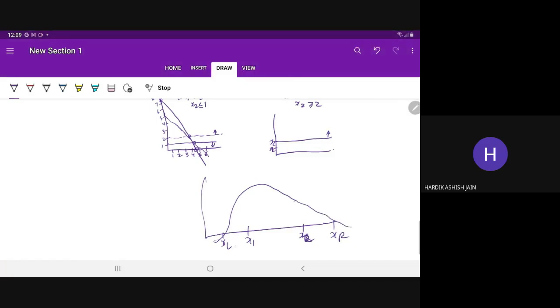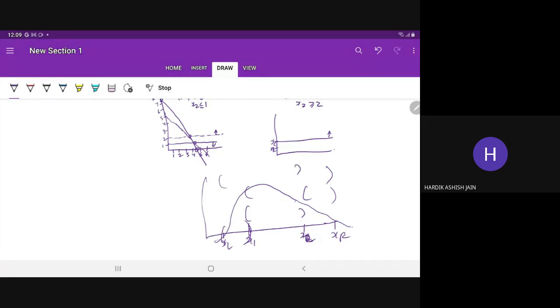So the next interval can be xl to x1, x1 to x2, x2 to xr, x1 to xr, or xl to x2. We have various combinations.